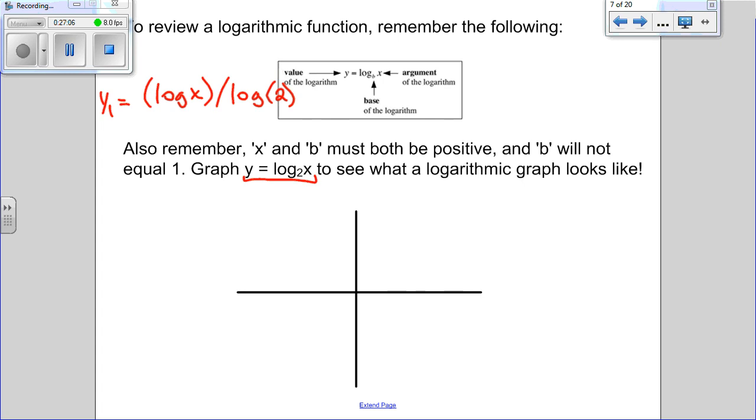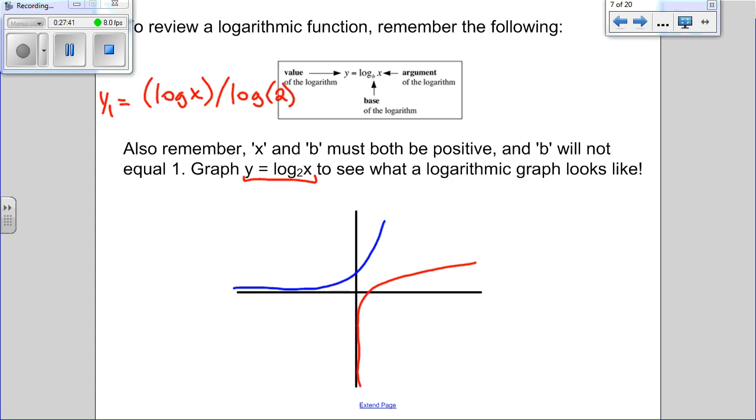If I graph it, it looks like this. And it actually would go on forever. This is a little bit different than our other graphs. Our other graphs would start off by running along the x-axis and then go up. This graph starts by running along the y-axis and then it goes off to the other direction.